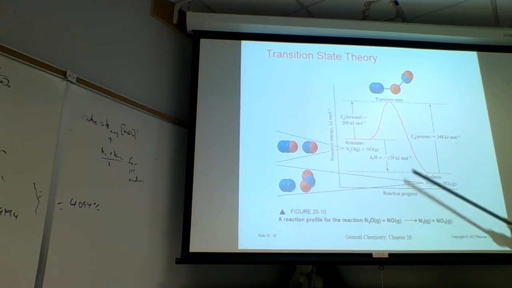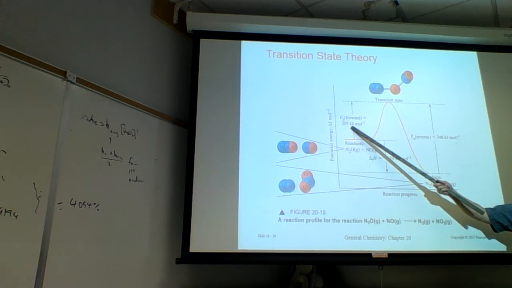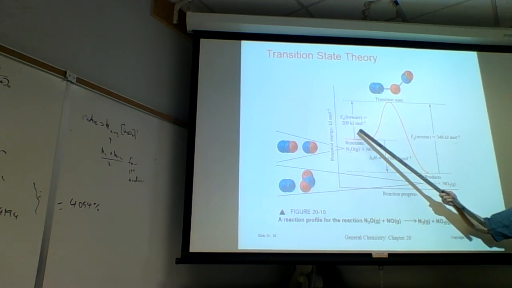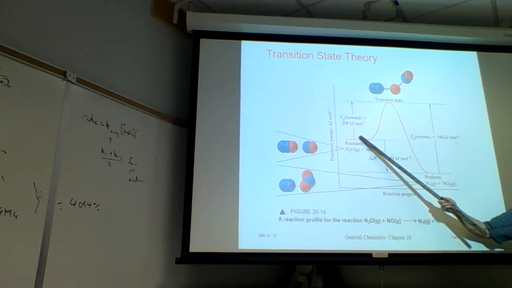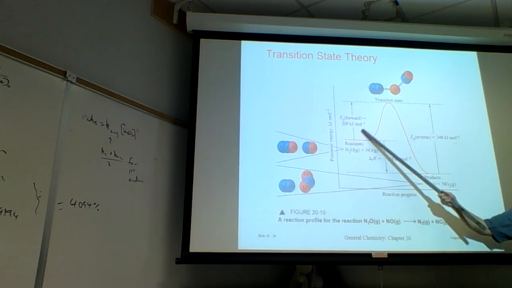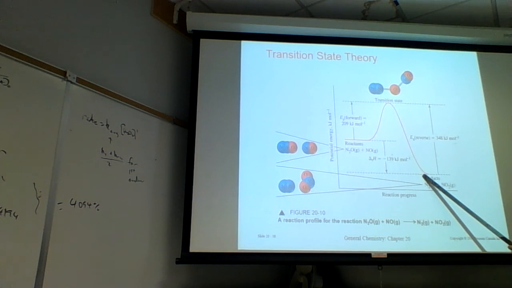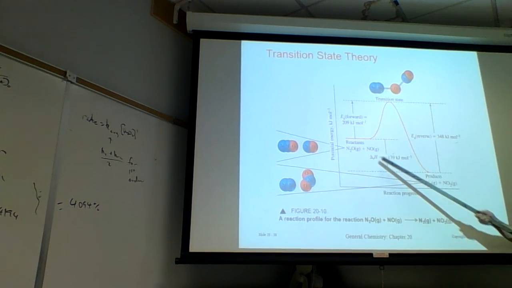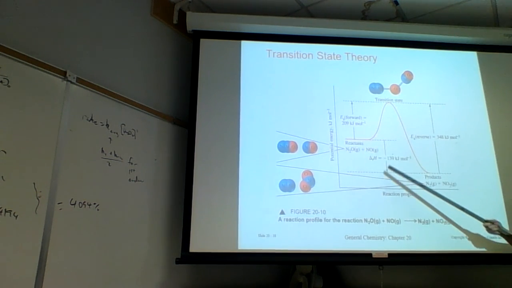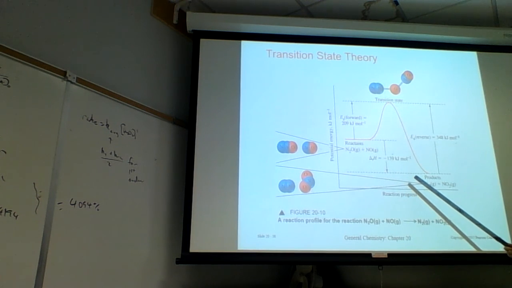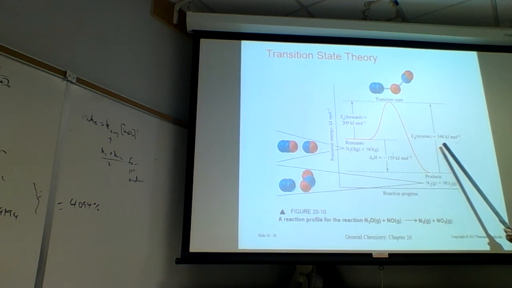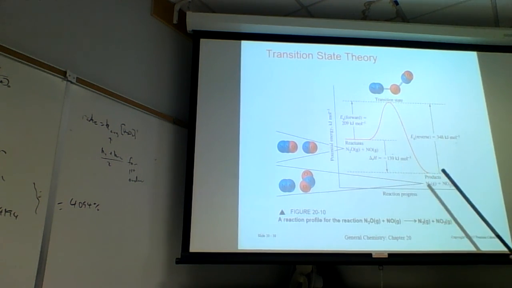And so the activation energy here is 209 kilojoules per mole. You see that E sub A is the symbol that we give. And the hill that you have to climb is quite high, 209. It's not just a downhill ride, even though overall it's exothermic, because 209 up and then 348 down gives us minus 139.